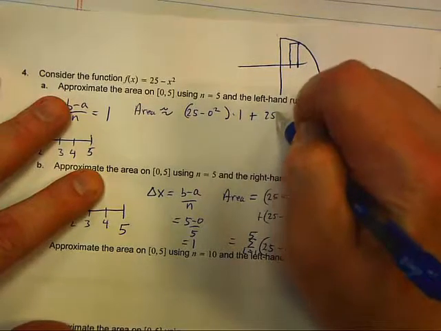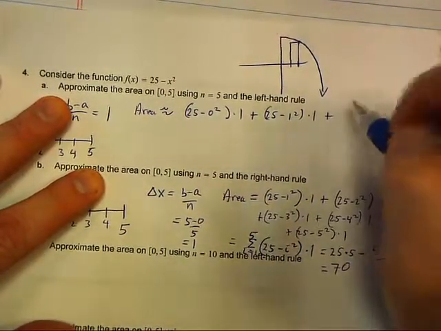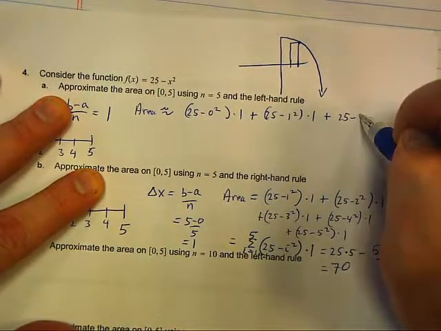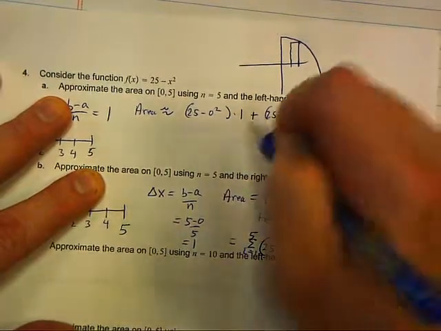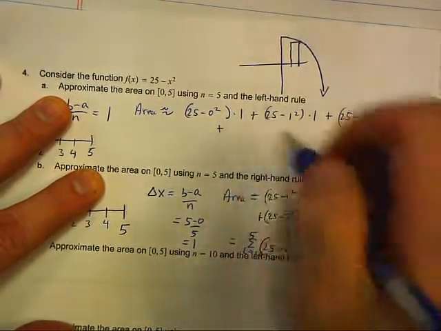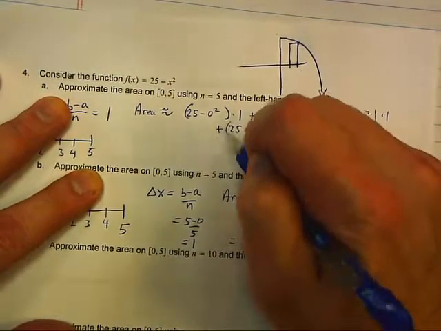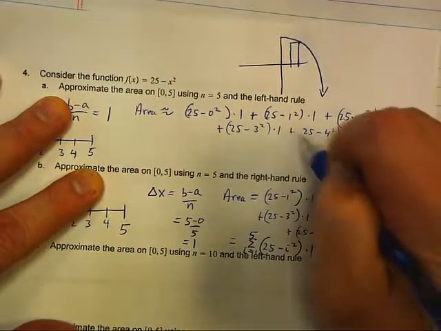So 25 minus 1 squared times 1. And I think we see a pattern already. The next one's going to be 25 minus 2 squared times 1. And the fourth one would be 25 minus 3 squared times 1. And the last one would be 25 minus 4 squared times 1.